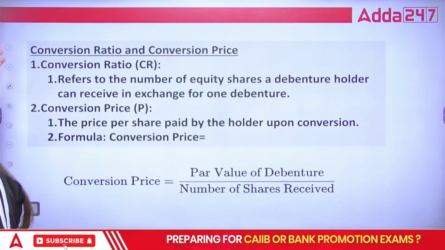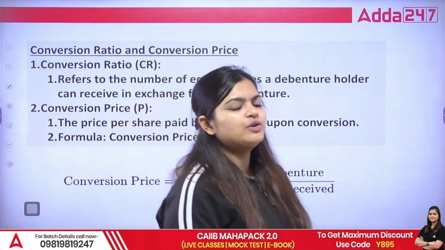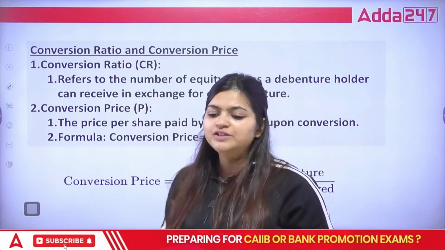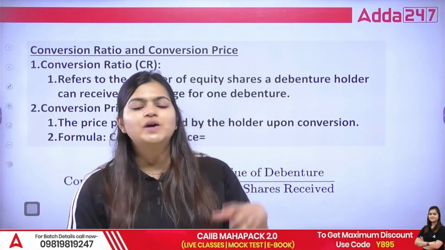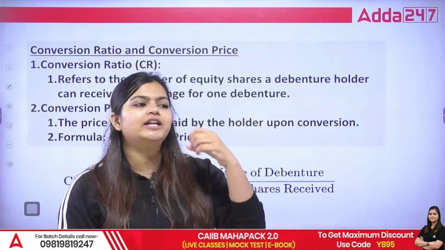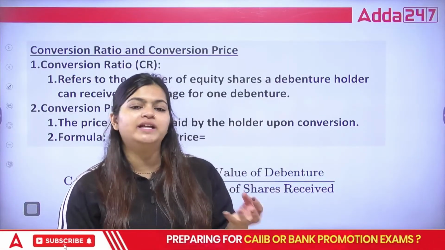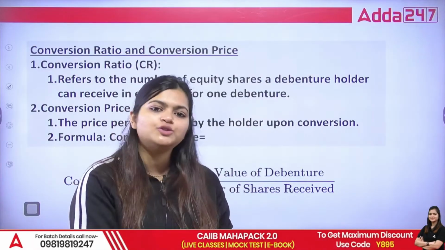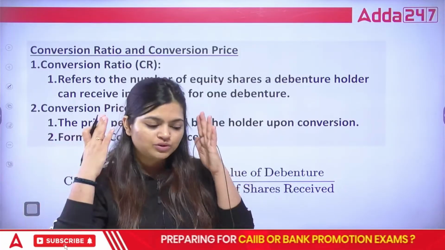So let me tell you what conversion ratio and conversion price are. When you are issuing convertible debentures, what are these? Companies are taking a loan from the public, and at the time of taking the loan, they are issuing debentures. When they take a loan from the public, they call it debentures. But after some time, they also give the right to convert it into equity. Now why is equity given so much preference here?